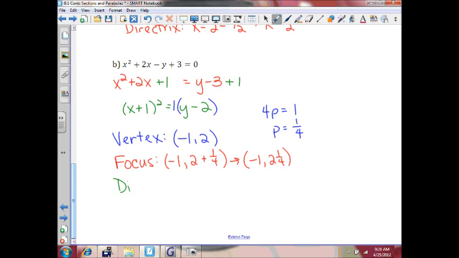Your directrix will be y equals k minus p. So there's your vertex, focus, and directrix. Really not too bad. I think you guys should not have much trouble on this at all.